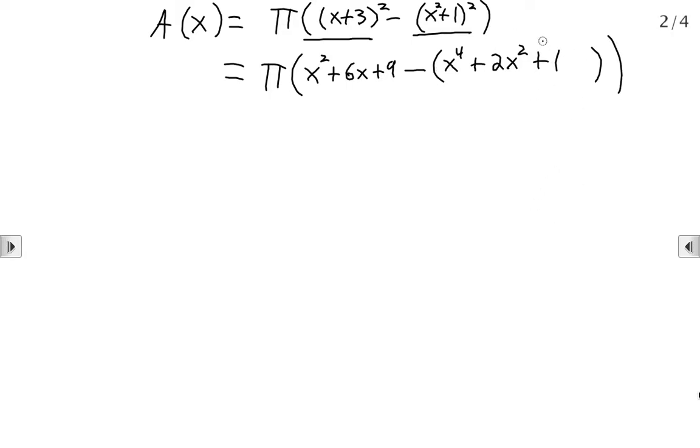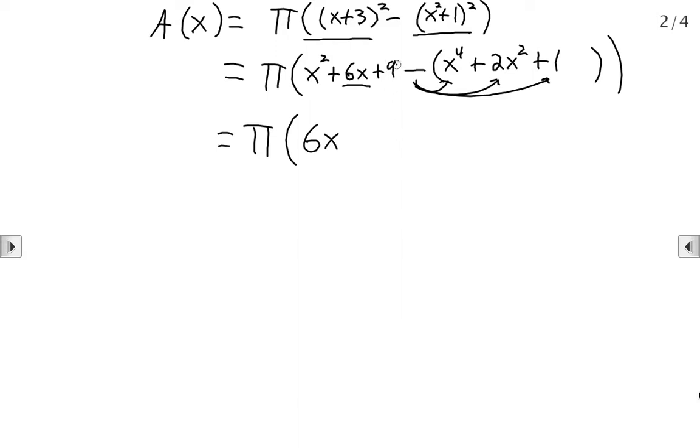Because we've kept our parentheses, when we combine like terms and we simplify, we'll be able to properly subtract each term and not combine things in an improper manner. I like to write things so that the positive terms are first. So I do see that 6x is a positive term with no other like terms.